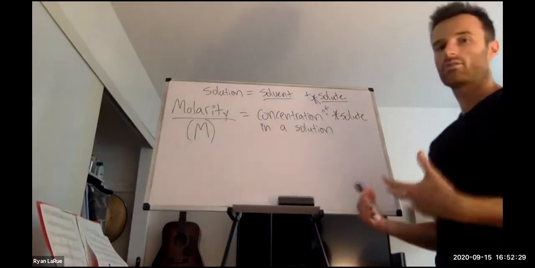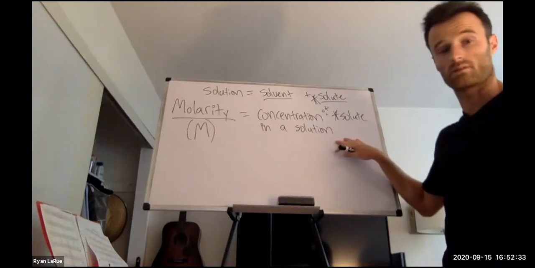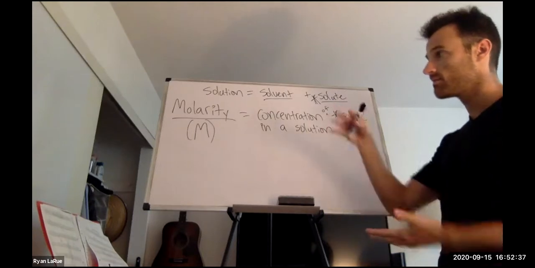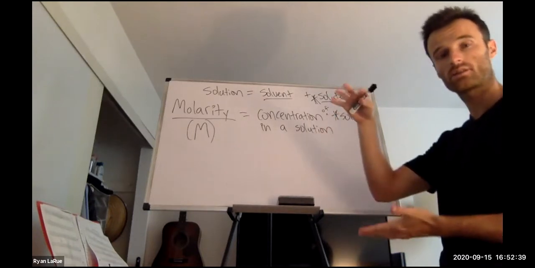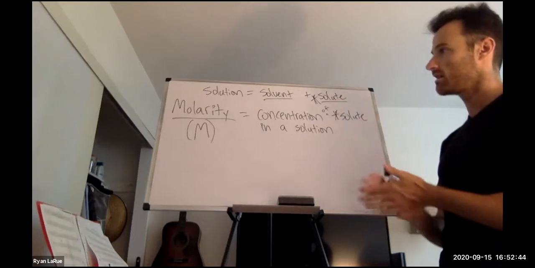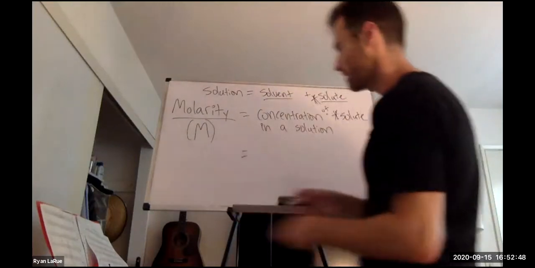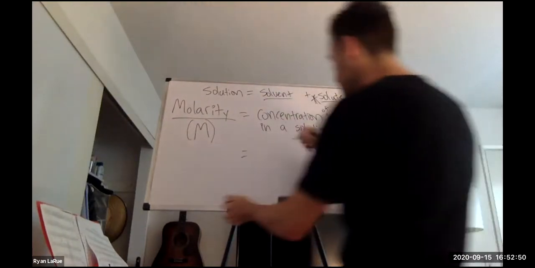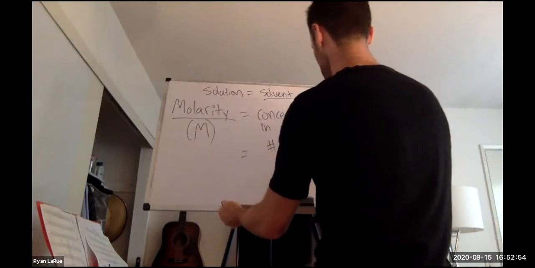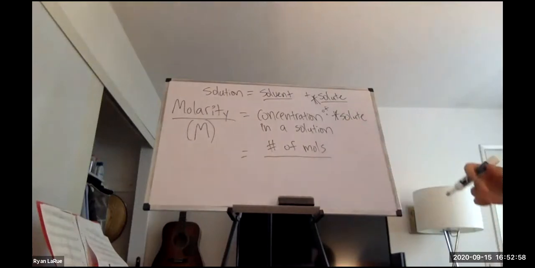So it's a measure of concentration. How much solute is in our solution that we're looking at? And if you have increasing concentration of solute, you're going to have increasing molarity and vice versa. So more specifically, molarity is the number of moles, if you've taken chemistry or are very familiar with what a mole is.